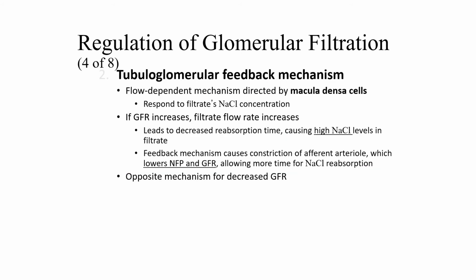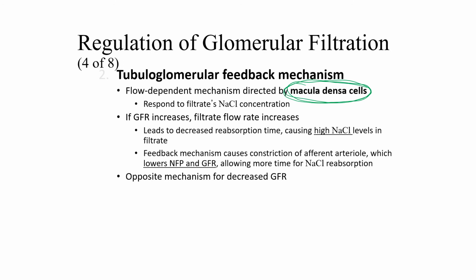Tubuloglomerular feedback is going to be directed by the macula densa. Now, we talked about the macula densa cells in the first lecture. If you need to, go back and review. So if the filtrate flow increases, that means that there's not enough time to reabsorb sodium and chloride. And so there's a high sodium chloride level in the filtrate.